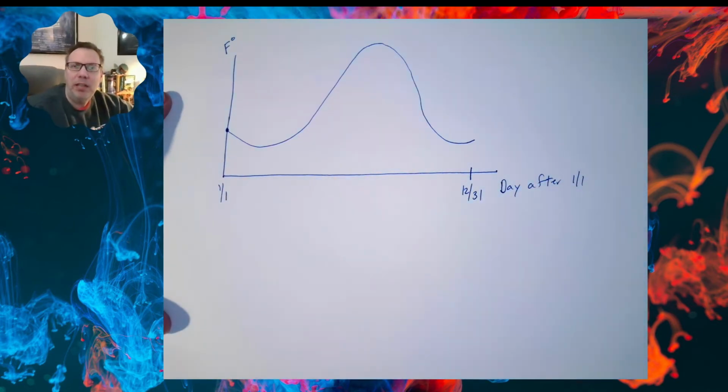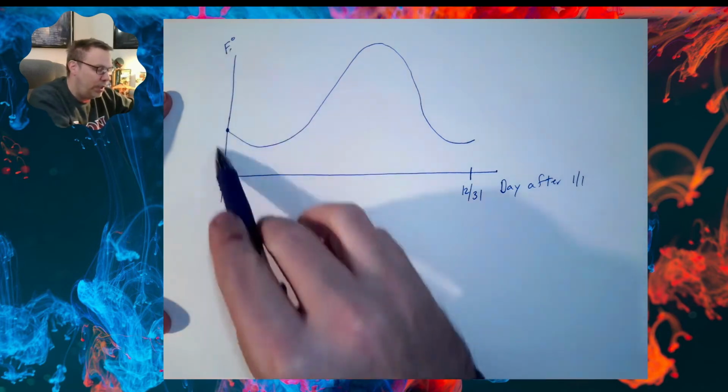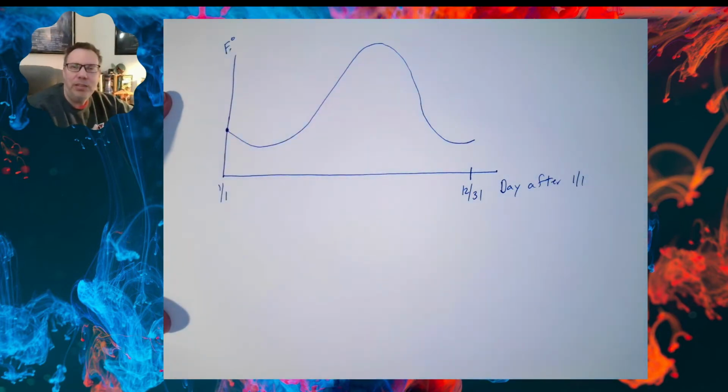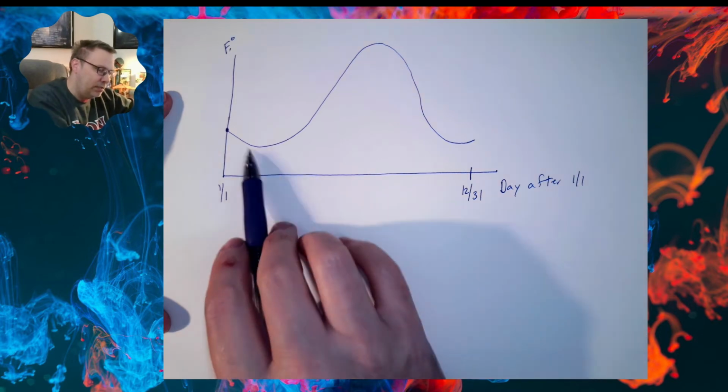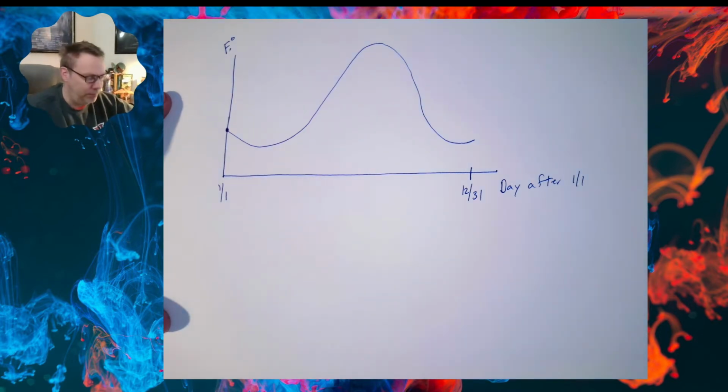Those are going to be my horizontal axis numbers. Now the actual numbers over here, I don't really care about. It's going to depend on where in the world you are. But let's say we're in North Carolina, and this might be a description of it.